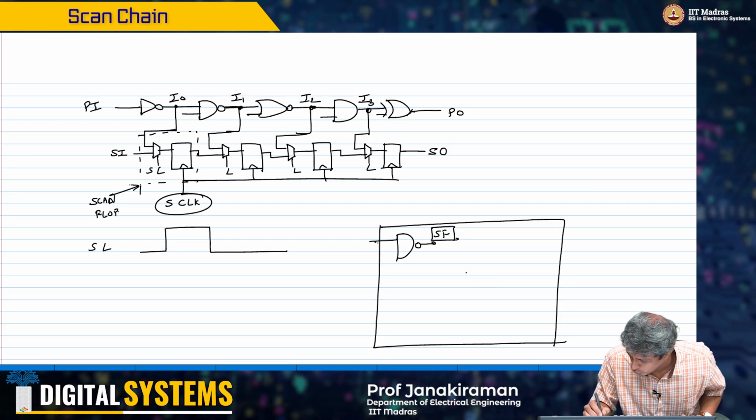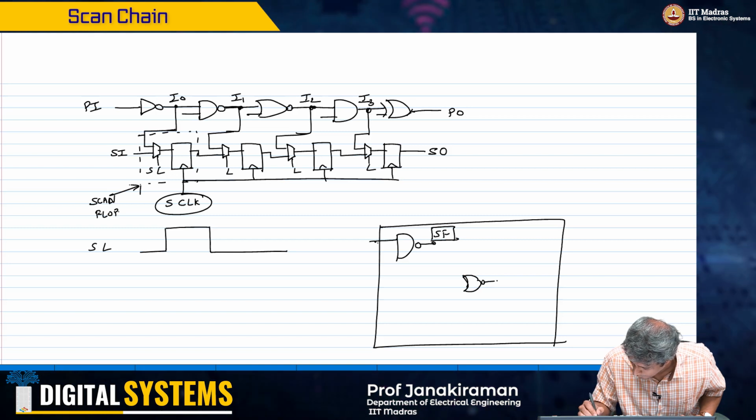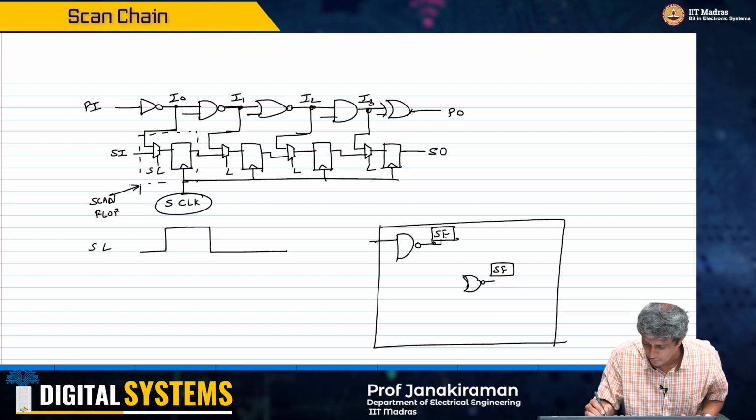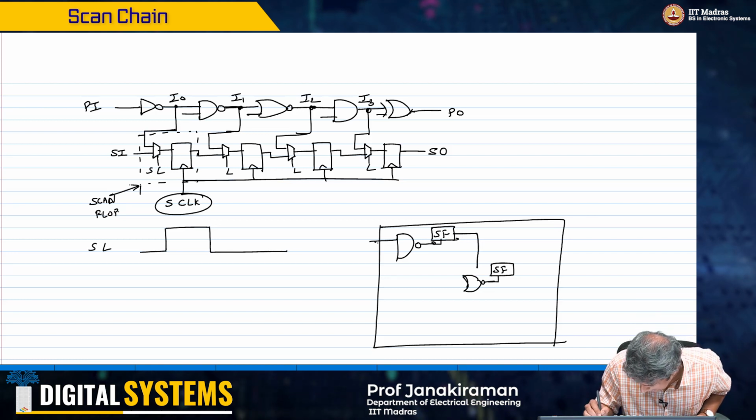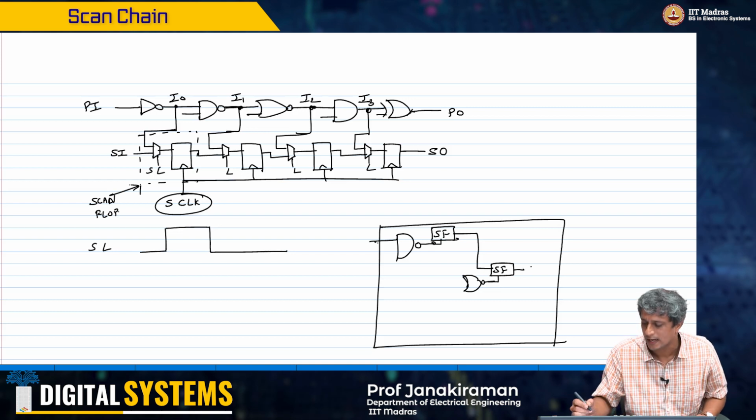Then I may choose to put it at the output of some other gate here, SF here. This output will go to the parallel load, the input I of that flop, and the scan out of this will be fed to the scan in of this.